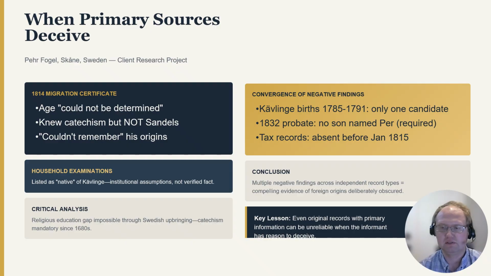However, I was able to determine that he actually wasn't, because there was only one possible candidate, and I was able to use probate records to prove that the family's son didn't survive to adulthood, which was directly at odds with my guy, who was alive at the time of that probate and should have been mentioned had he been a part of the family.